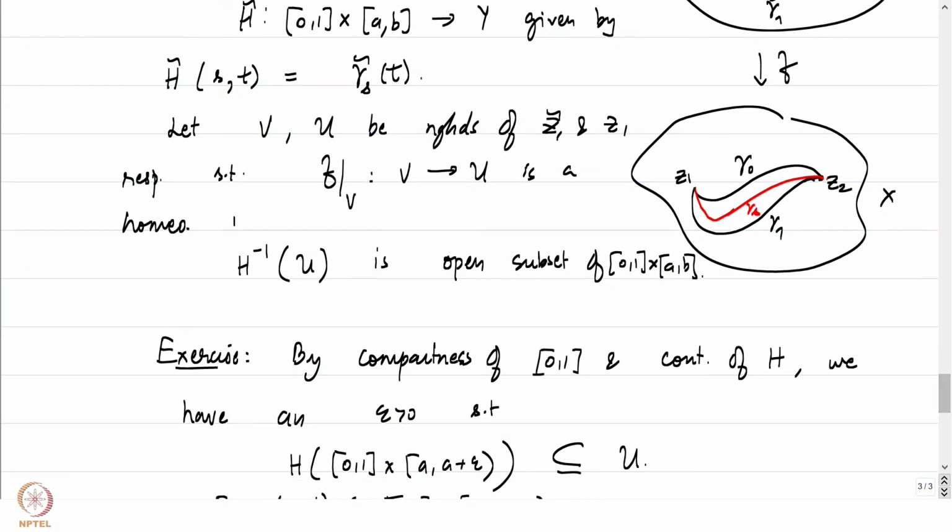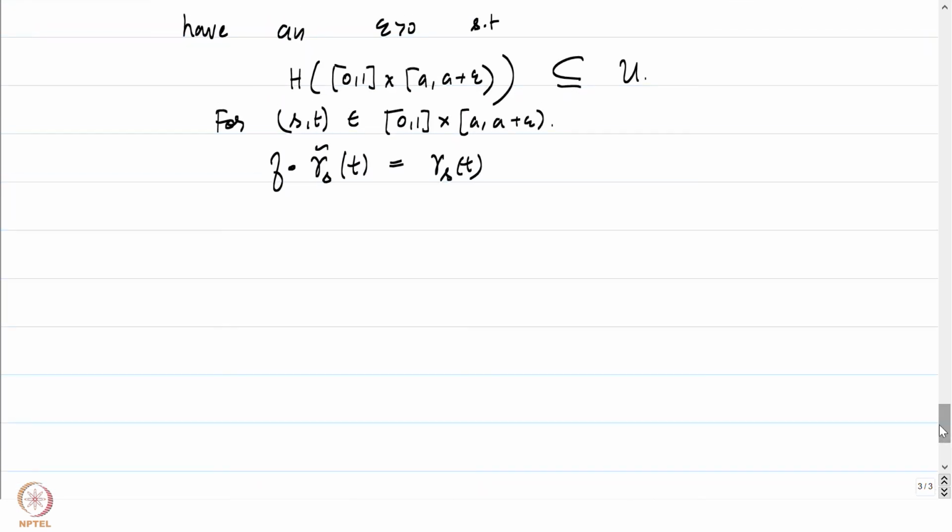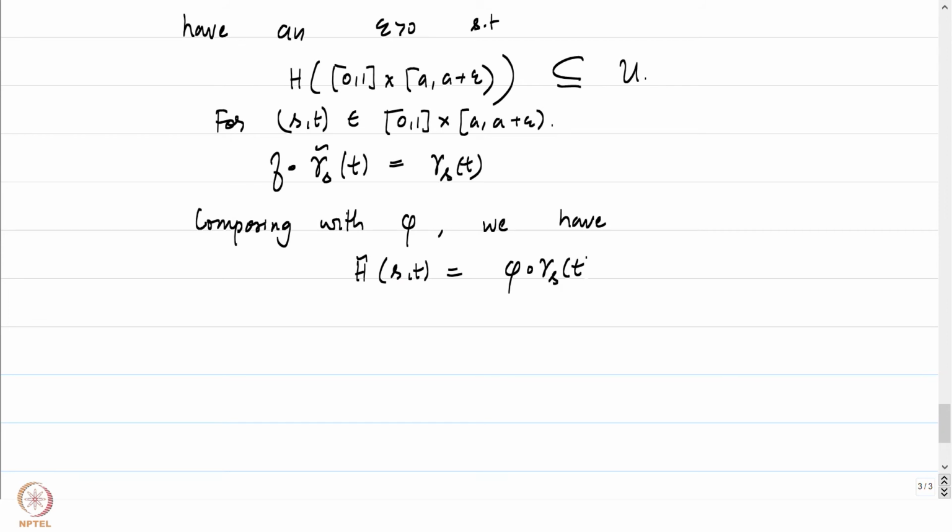f is a homeomorphism. Let me just give the inverse, with inverse given by phi from U to V. And because this is getting mapped to within V by composing with phi, which makes sense, we have h tilde of s comma t is equal to phi composed with gamma s of t, which is just phi composed with h of s comma t.